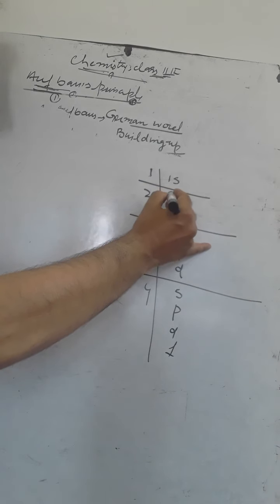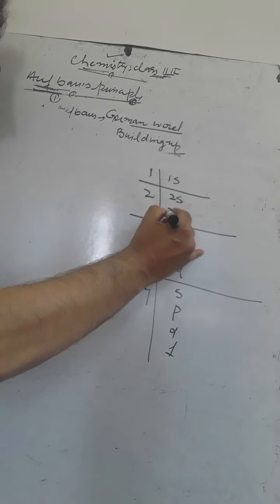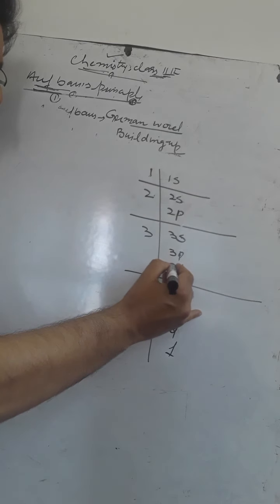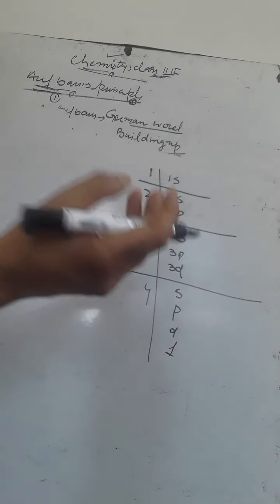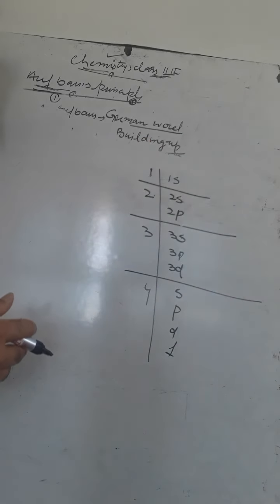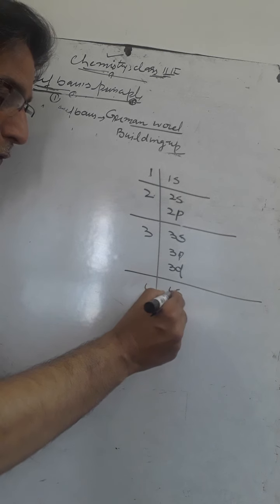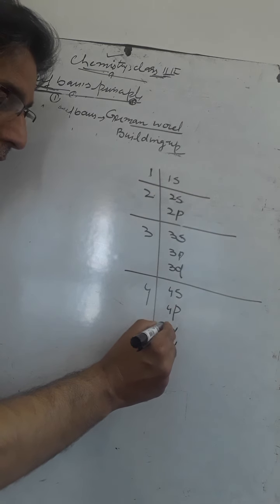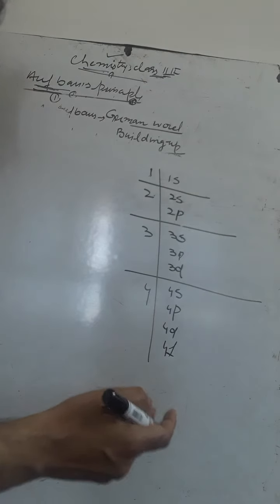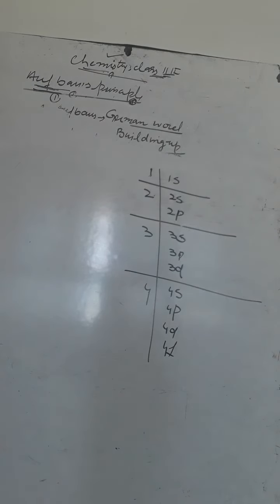The s of the second shell is 2s, the p of the second shell is 2p. Similarly the s, p, d of the third shell. Let us write the number of the shell to which these subshells belong, so it is 4s, 4p, 4d, and 4f, and so on. We can write the names of the orbitals on the basis of their shells.